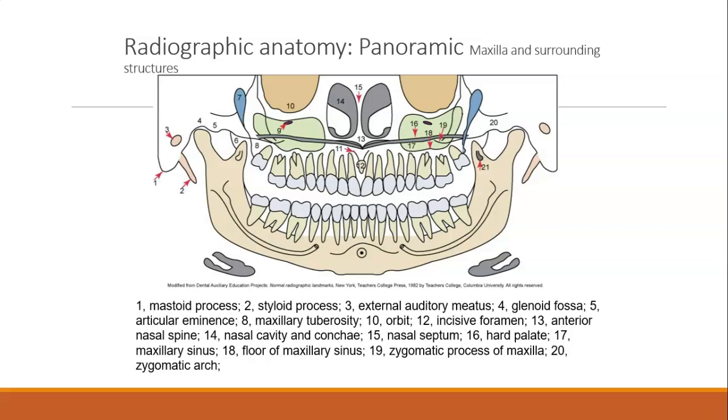The thing that I have noticed in my years of looking at panos is that in some panos, certain structures really stand out and others do not. This depends on the patient, the size of the patient, their anatomy, the pano machine that was used, and how the person set the patient up to take the image. So you're not always going to see everything clearly.